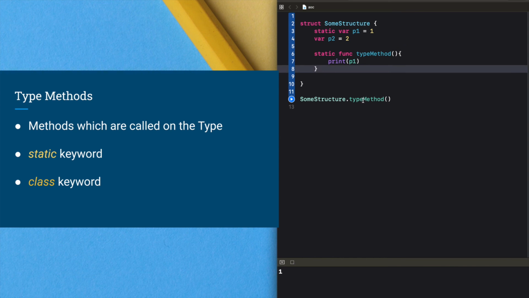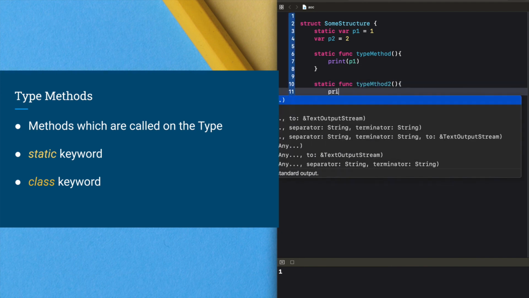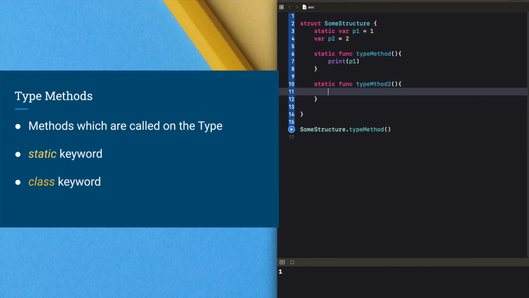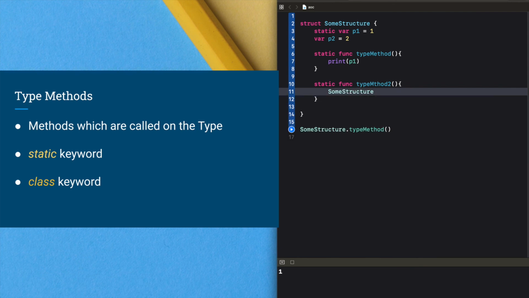Same for the methods, we have another static function, type method 2, and print, just calling that some structure.typeMethod. Here you don't have to provide the some structure, we can directly call that method inside the static method.